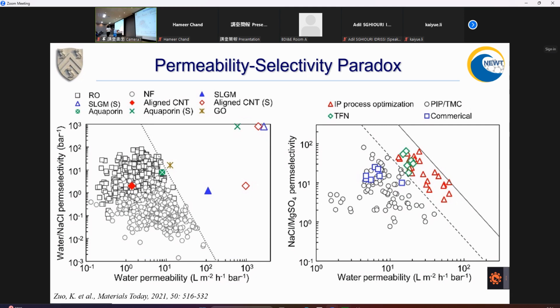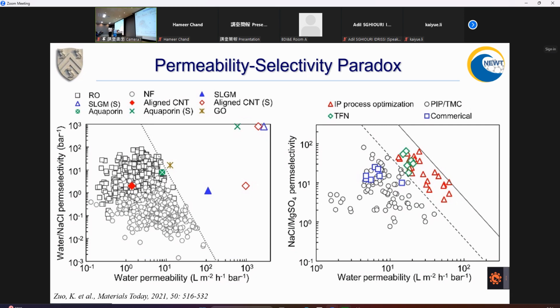This is for mostly nanofiltration membranes. Here we're looking at monovalent, divalent selectivity versus water permeability, right? Here you see a number of new developments that showed improved selectivity permeability relationship, and they kind of push the boundary up this way.